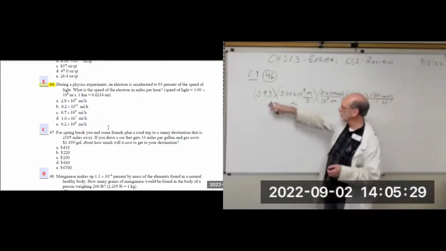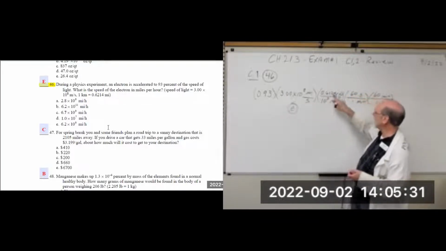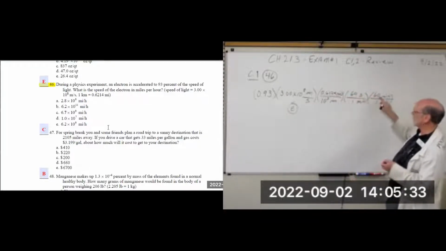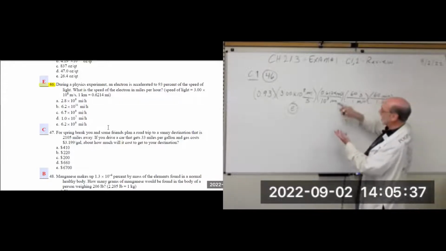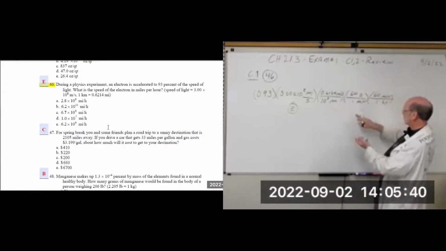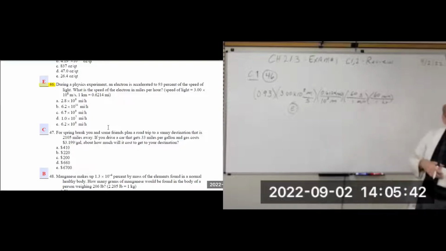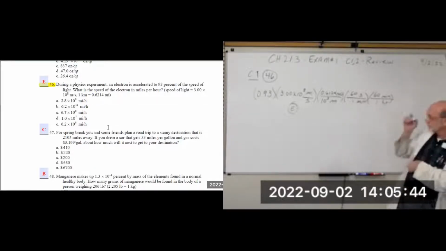So I say 0.93 times this number, times that number, times that number, times that number. And then the result of that, I say divided by this number, by that number, by that number. So you say 10 to the 3rd, or what do you put? 1,000. It's easier to put 1,000 in.